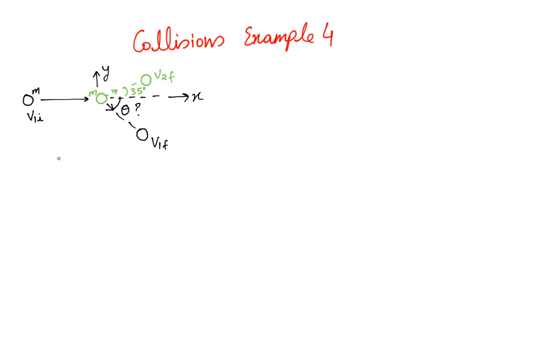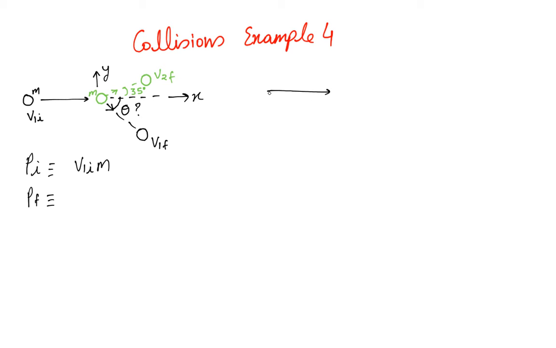So let's do that. First of all, we know that the initial momentum of the system is m v1i in the x direction. The final momentum of the system is going to be, now you see this vector, this is the momentum vector. Let's redraw this.